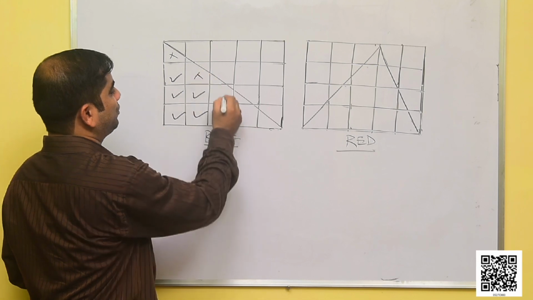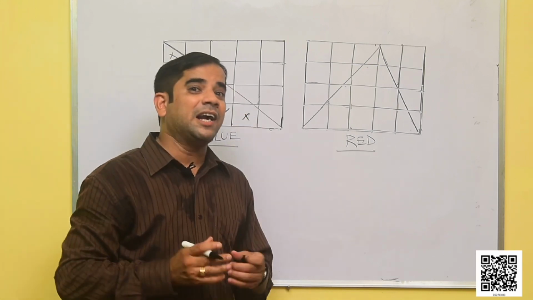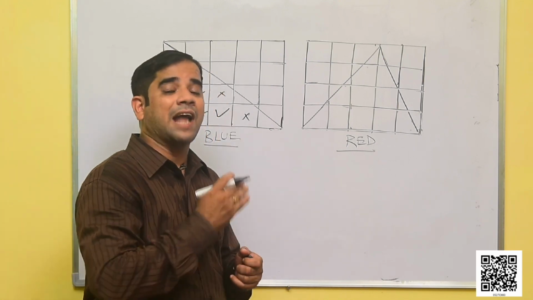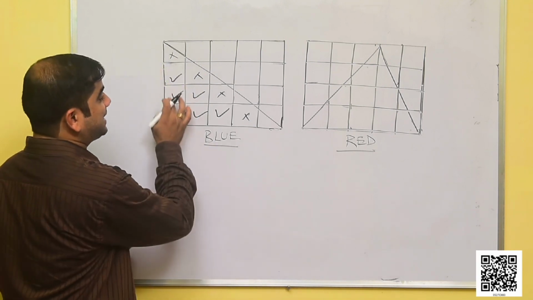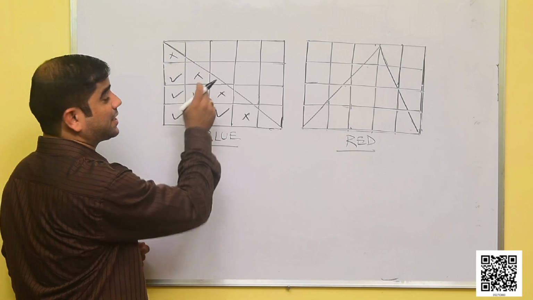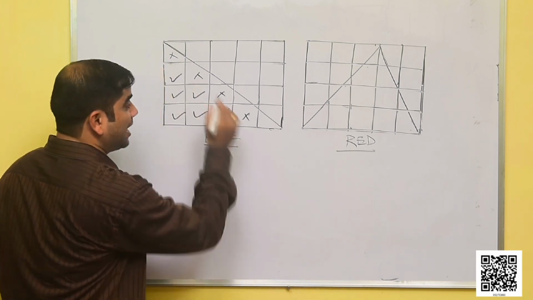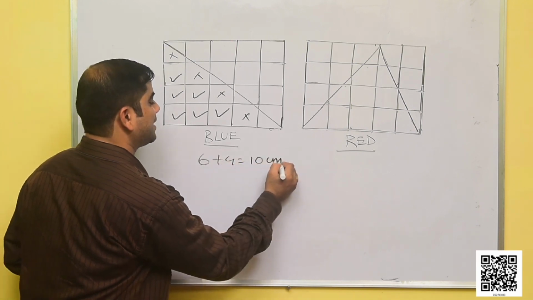1, 2, 3, 4. So as I have cleared your concept, all the squares having more than half area are taken as full. So now I have 6 full squares and 4 squares having more than half area. So in total the area is equal to 6 plus 4, 10 centimeter square.